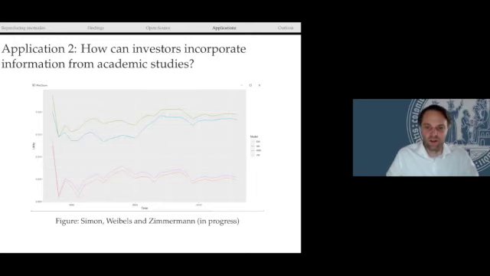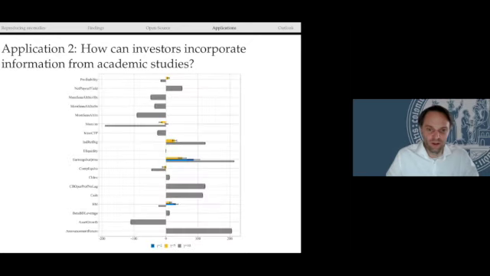Currently we're working on getting more insights into the model. I will show you one thing: if you vary the coefficient of risk aversion from 2 to 10, the blue bars here are the low risk aversion of 2, and the gray bars are the higher risk aversion of 10. What you see here is the impact of these different variables in the model.